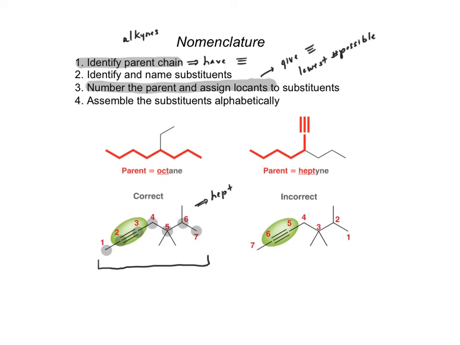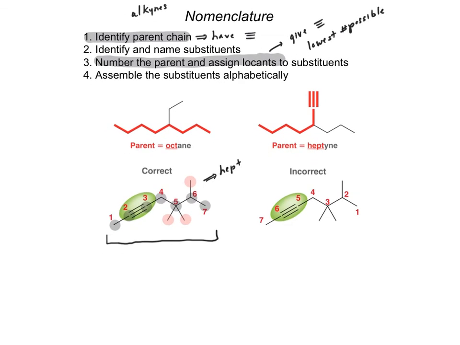Again, we're going to identify the substituents. So what are the substituents off of this parent chain? Trimethyl, 5, 6. Right, so we've got 3 methyls, right? So all of those are methyls. These guys are all methyl. Now, the only change that's going to come in here is when we number the overall parent, okay? So we're going to go ahead and start the same.